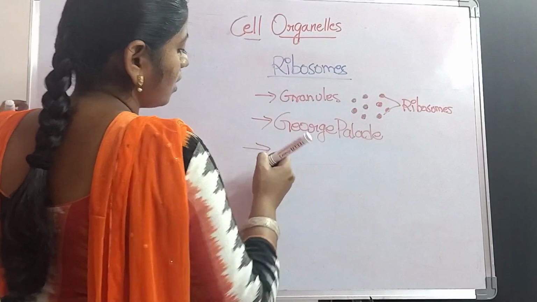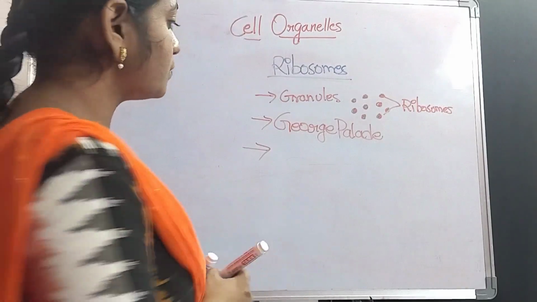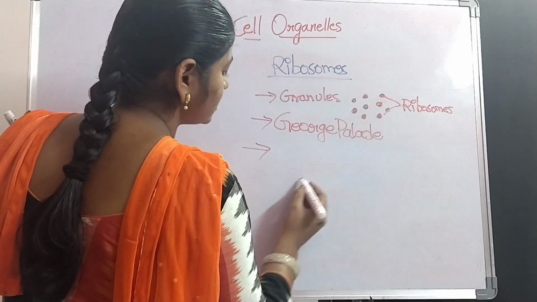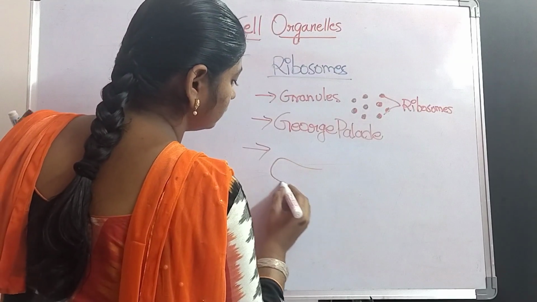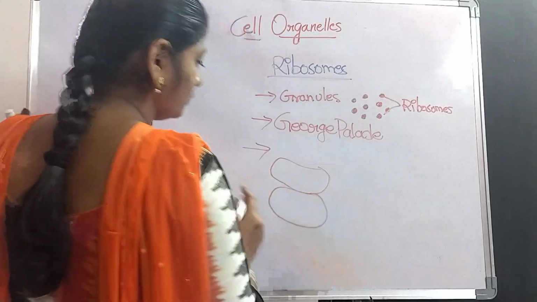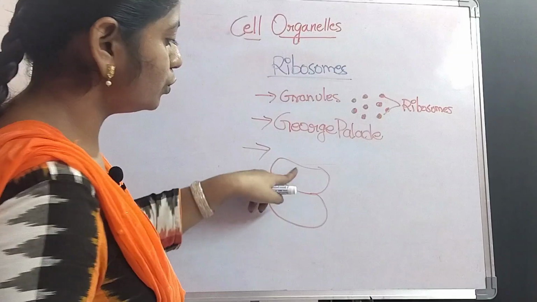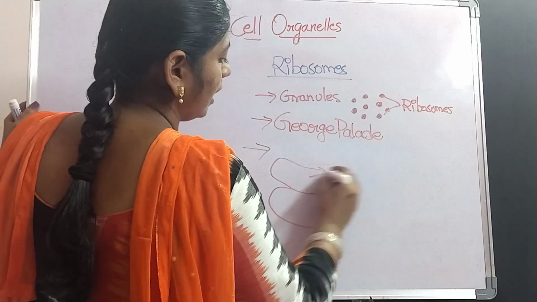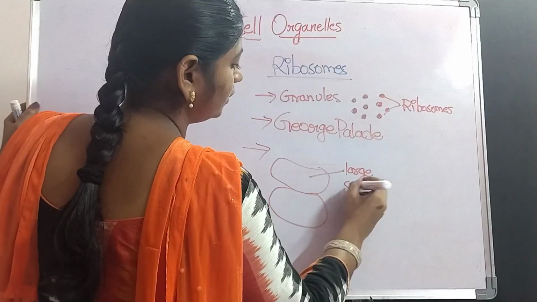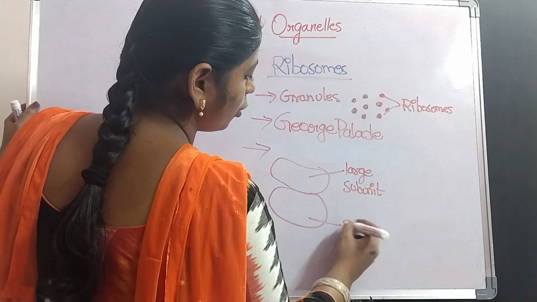Coming to the structure of the ribosomes, they are granular-like structures and the ribosomes contain two subunits. The structure of the ribosomes looks like this. They are formed with two subunits. The upper subunit is called as large subunit and the lower region is called as small subunit.